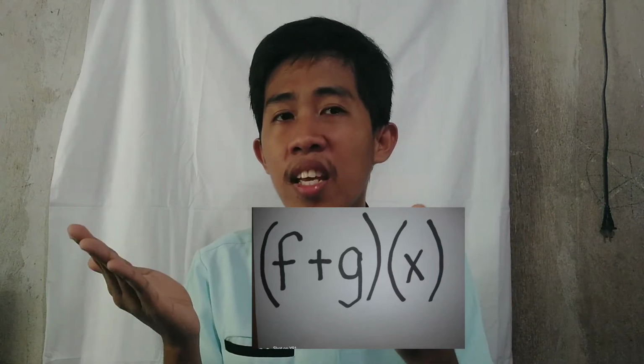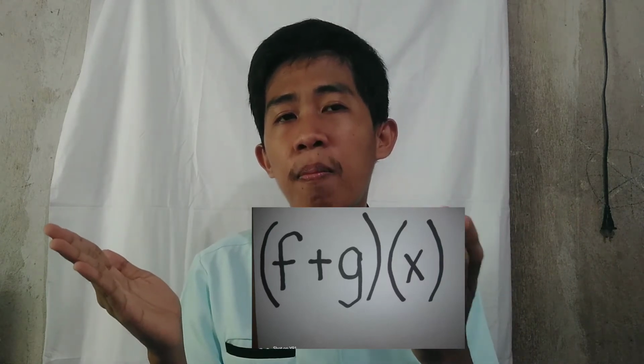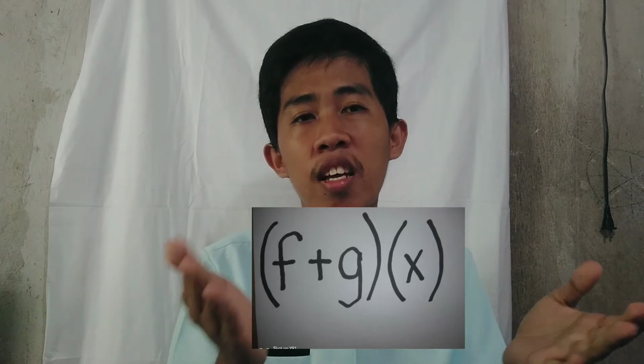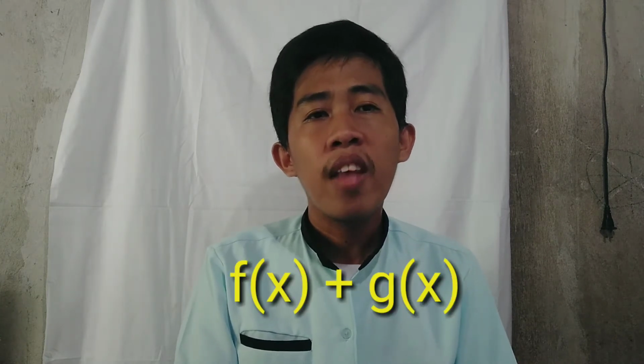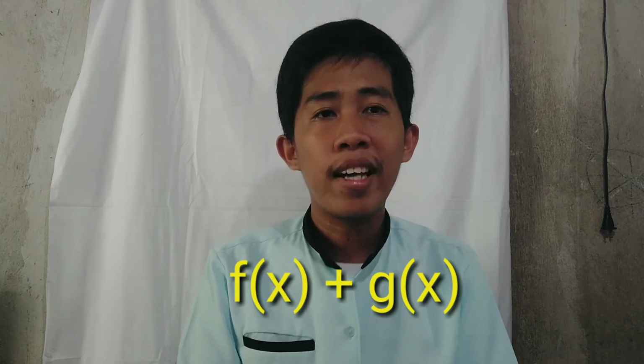The quantity f plus g of x, and that would be read as f plus g of x. And our formula for that would be as easy as f of x plus g of x, given the two different functions, the f of x and g of x.